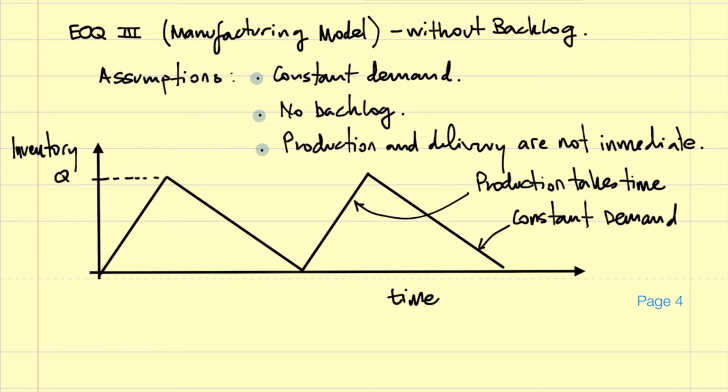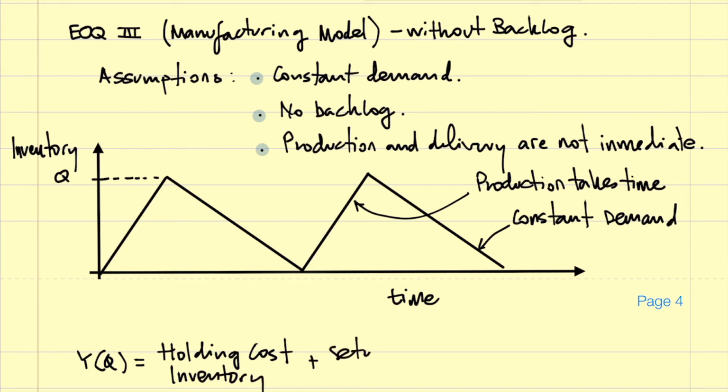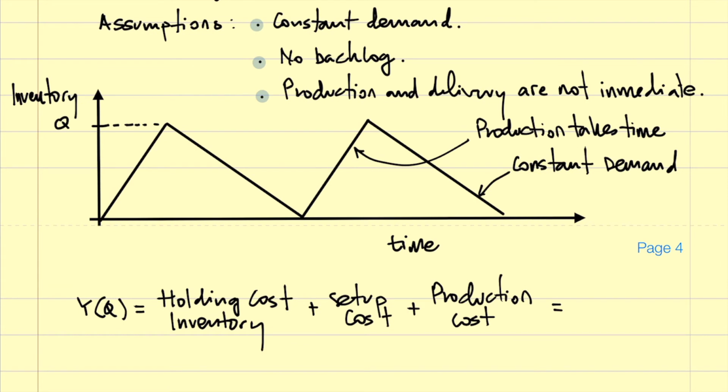This is going to be described in the following equation, like this. This is going to be the holding cost of inventory plus the setup cost plus the production cost, just as we had before.